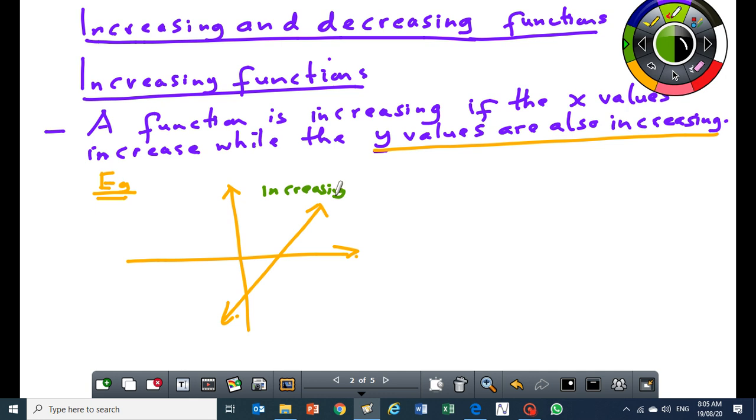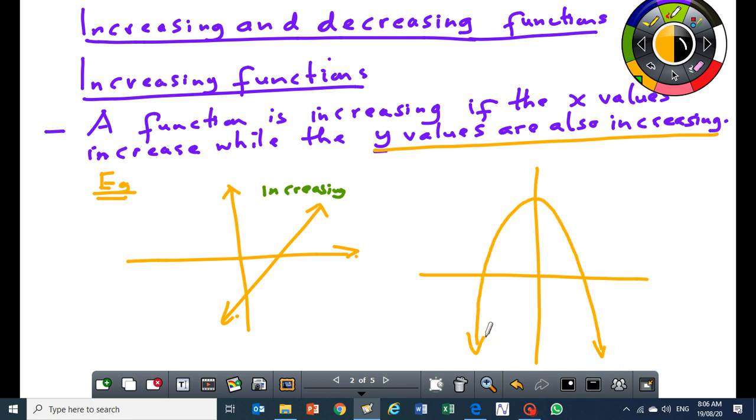And then if I draw a quadratic function, say like that. Okay? This function is not increasing throughout and it's not decreasing throughout. But to the left of the turning point, it is increasing because as x increases, the values of y are increasing until they become stationary here, means they stop increasing here, then they start to decrease.